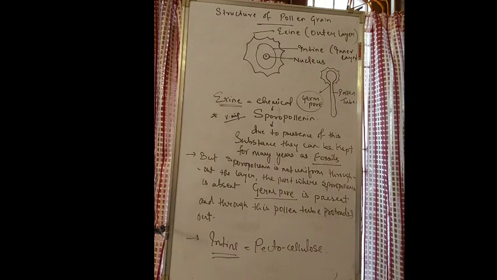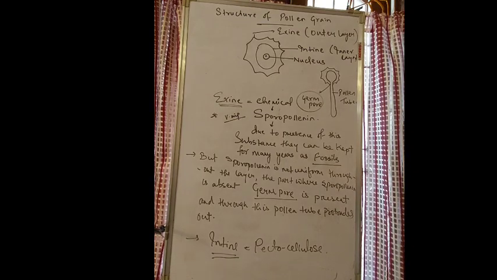Because of this chemical, it cannot be degraded by any type of acid, enzymes, or high temperature, pressure. So this sporopollenin gives resistance to the pollen grain in many ways.